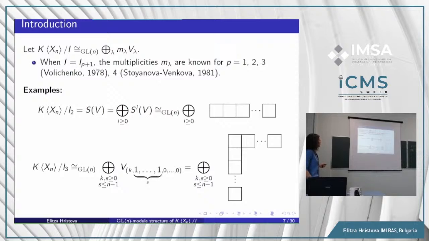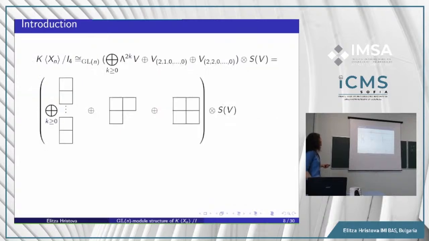We take K of Xn mod the ideal generated by triple commutators, and the decomposition is given by hook diagrams of this form, where the first row can again grow arbitrarily large. And one more case we are going to give as an example. This is when we quotient by the ideal generated by commutators of length 4.